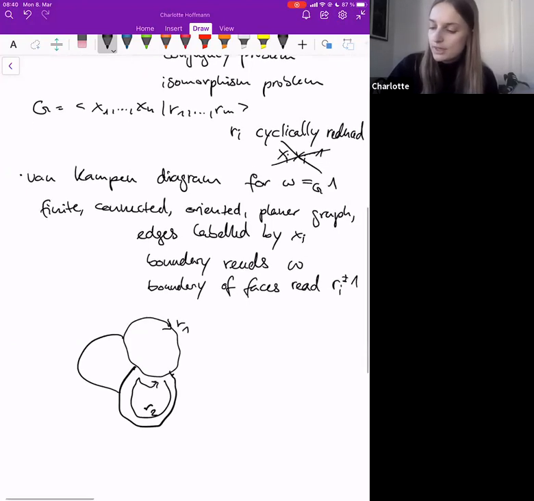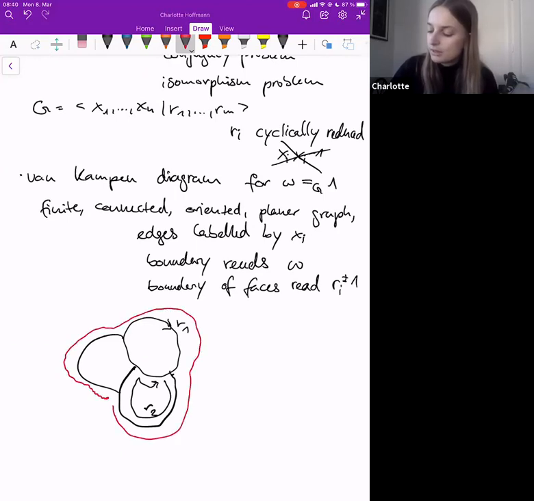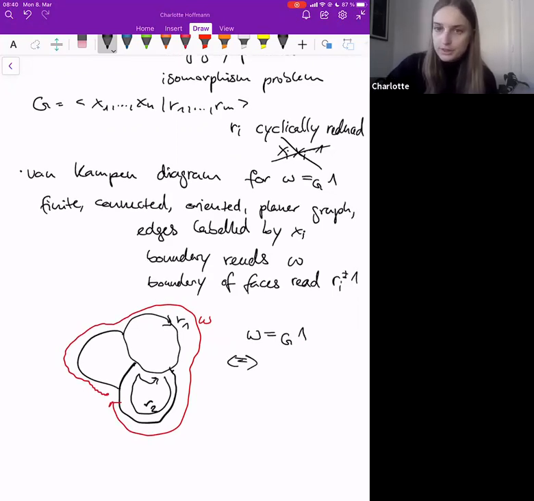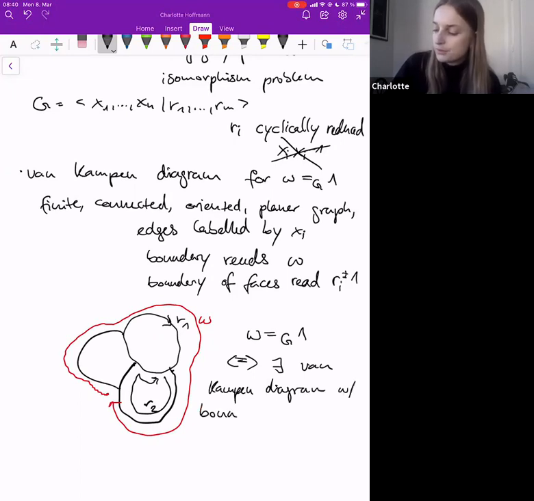So I can attach faces, and for our purposes, it's enough to say just that I can find some vertex, and if I start reading from this vertex along the boundary here, then this reads the word W. And the Van Kampen lemma says that for all words that are trivial in the group, there exists such a Van Kampen diagram, and this is an if and only if. So the word is trivial in the group if and only if there exists a Van Kampen diagram with boundary label W.